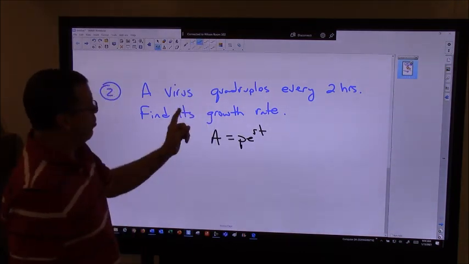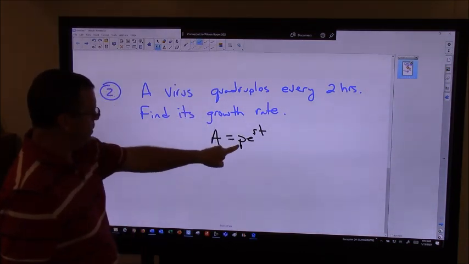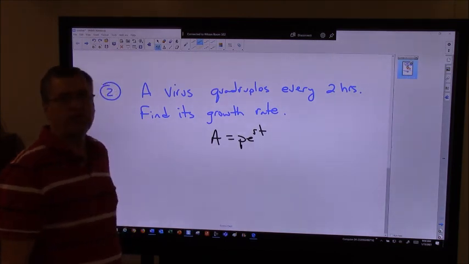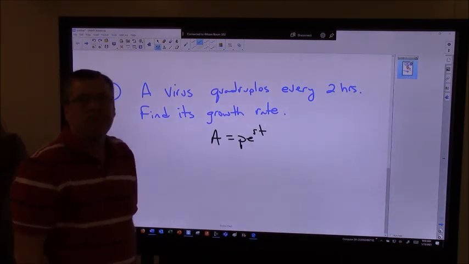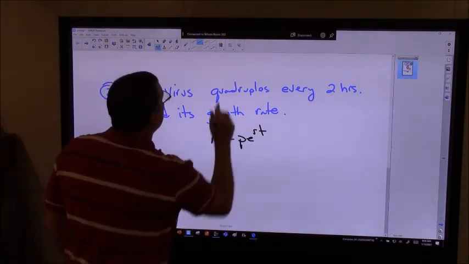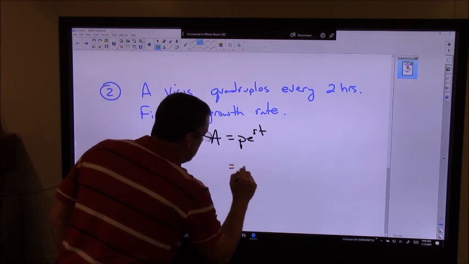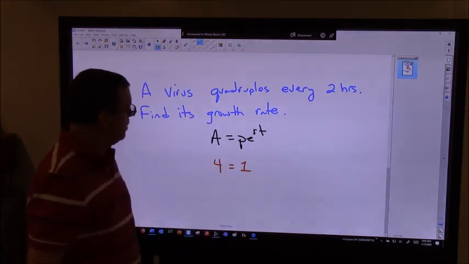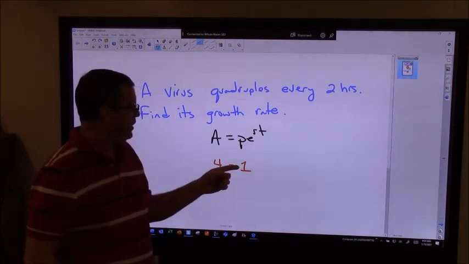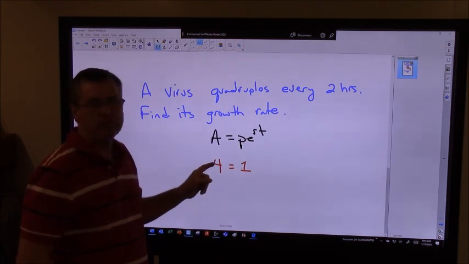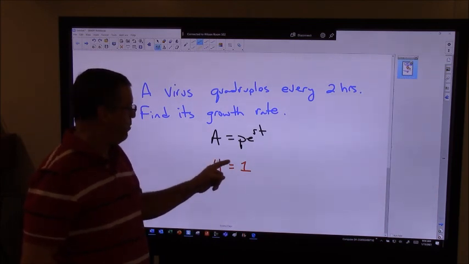And so if it quadruples, okay, I got to start with something and it becomes 4 times as much. So again, what's a good starting amount? Make it easy on yourself. Start with 1. So this is going to be 1 and it quadruples to 4. Now if somebody said, well, I want to start with like 15, whatever 15 means for a virus. Well, then you quadruple it and you get 60. Oh, well, I want to start with 2.